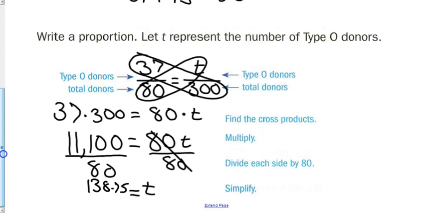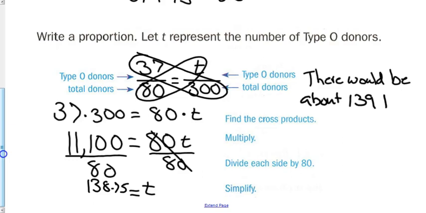We cannot. So my answer over here would be about 139 type O donors.